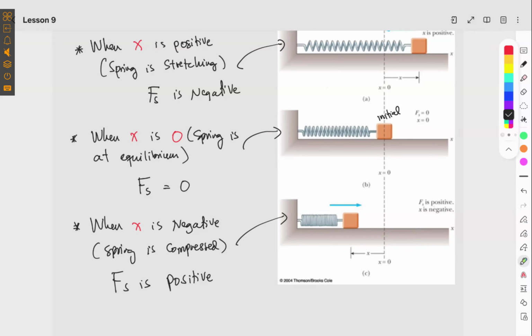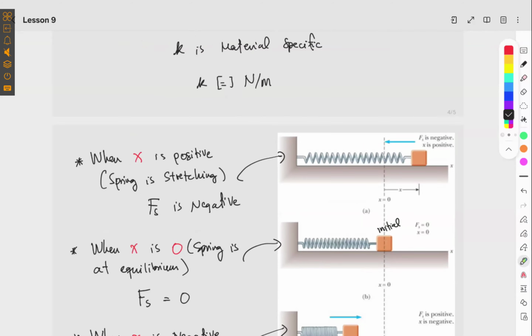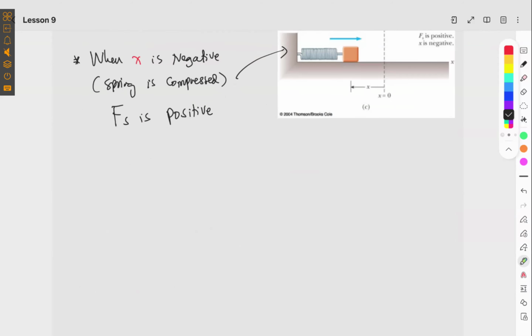All right. So Hooke's law. Let's call this Hooke's law.